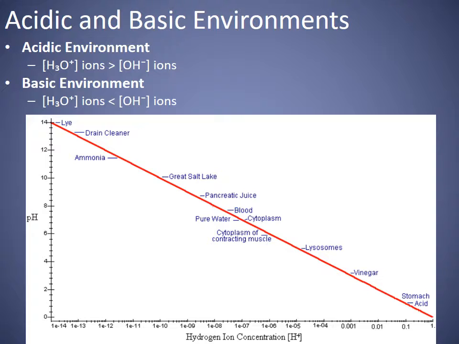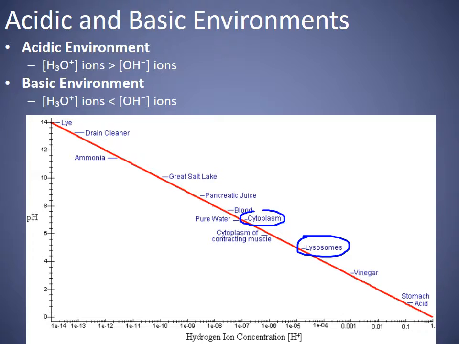So we take a look here, pH, let's say, cytoplasm and lysosomes here, the difference in pHs of different substances. So that means that the concentration of hydronium ions or hydrogen ions is greater than the concentration of hydroxide ions. And this can happen when different substances dissolve in pure water.